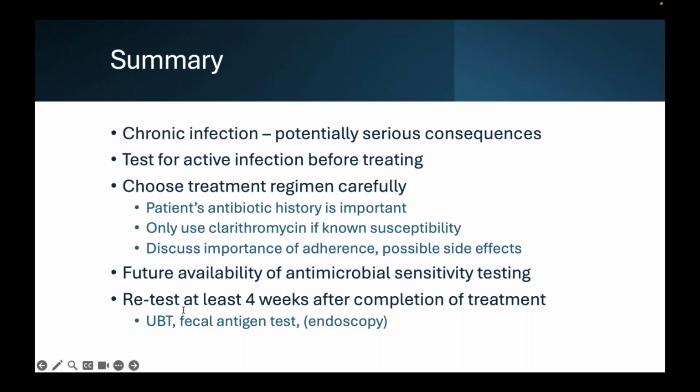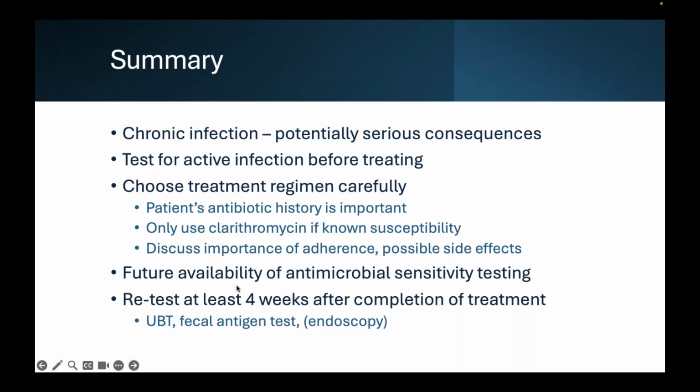Well, the update to the guideline greatly expanded the list of suggested populations for testing. As Steve mentioned, that includes patients with a family history of gastric cancer, patients with a family history of H. pylori infection. We also focused on certain racial and ethnic minorities, as Stephen also mentioned.